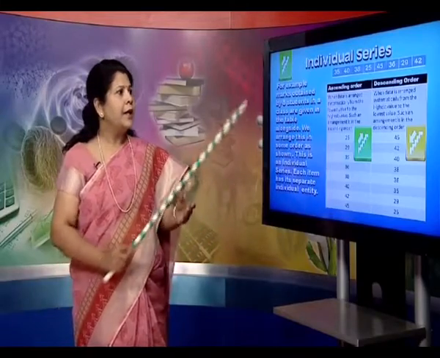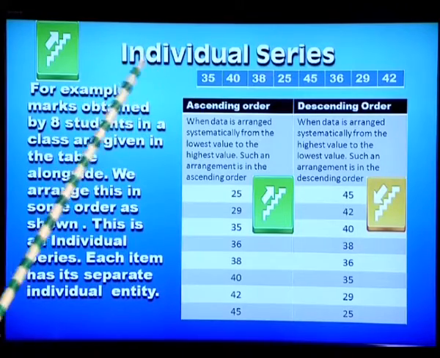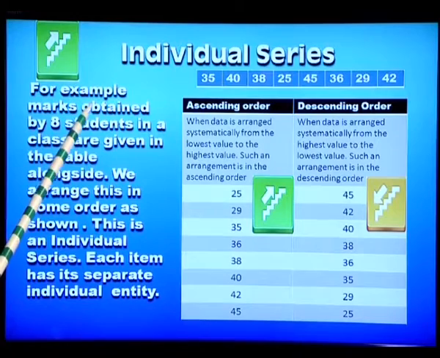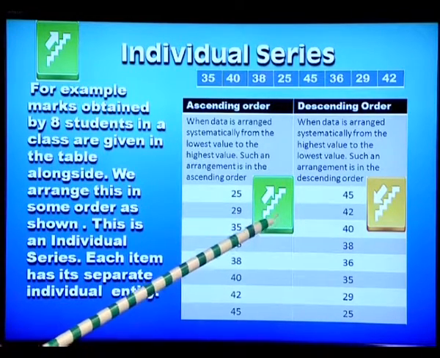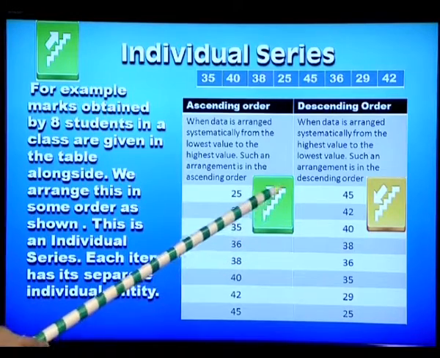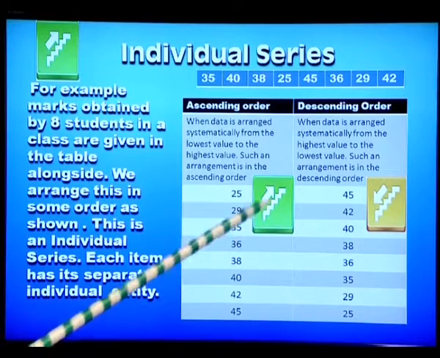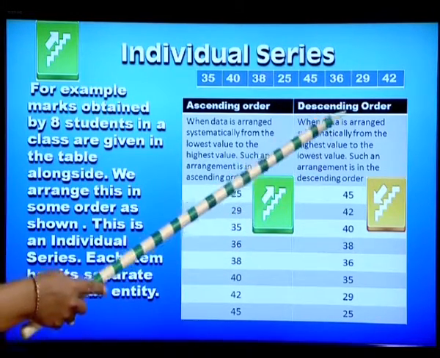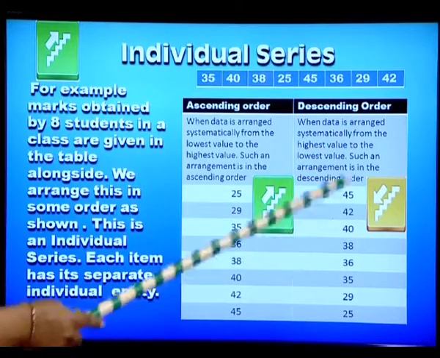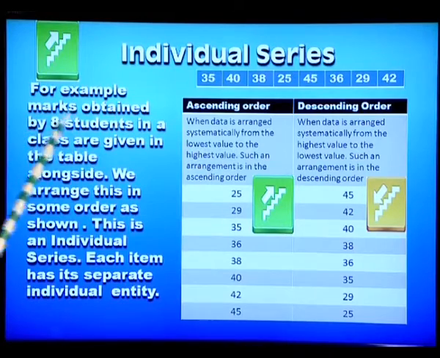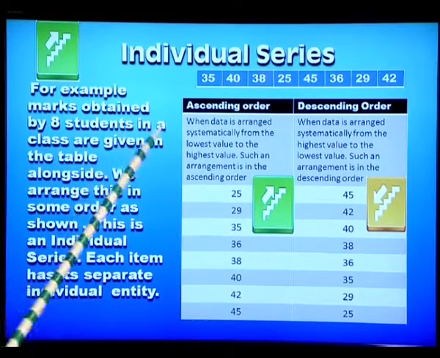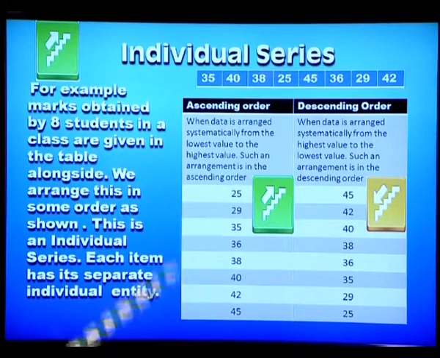First and foremost, individual series. Individual series, as we can see here from the presentation, are either in an ascending manner, that is, it's like going up the steps, or in a descending manner, it's like coming down the stairs. Such as marks obtained by 8 students in a class are given in the table alongside.